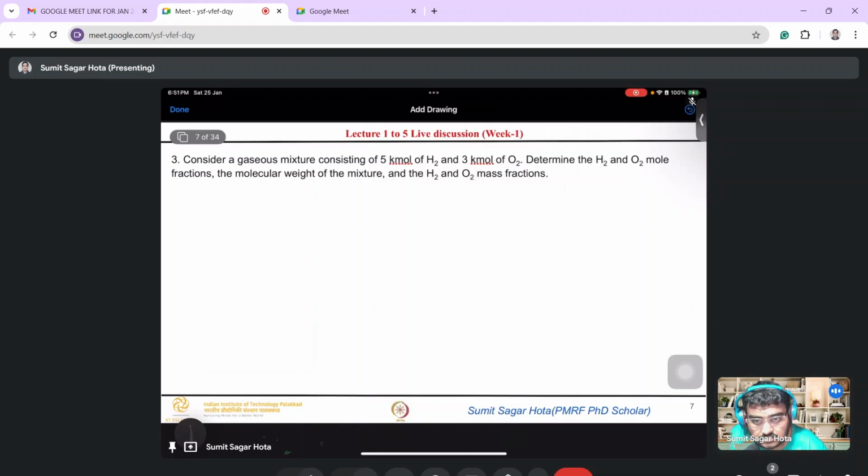Determine the H2 and O2 mole fraction, the molecular weight of the mixture, and the H2 and O2 mass fraction. So what are the things given? 5 kilomole of H2 and 3 kilomole of O2.